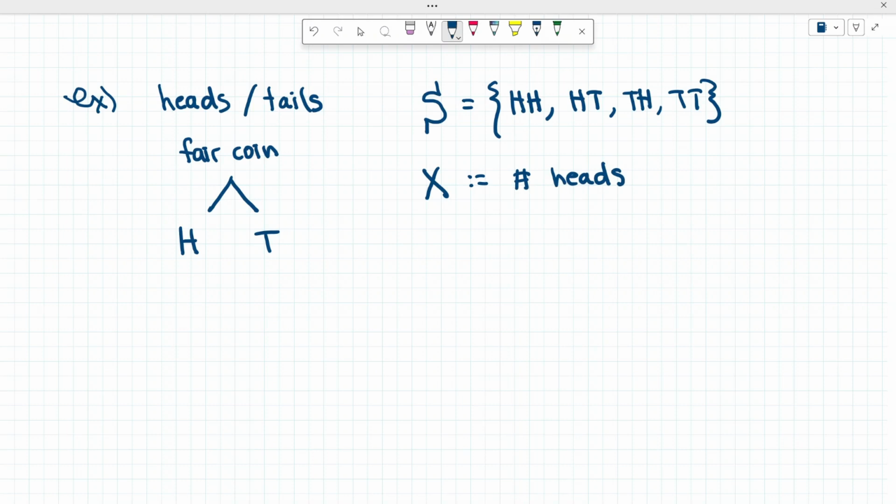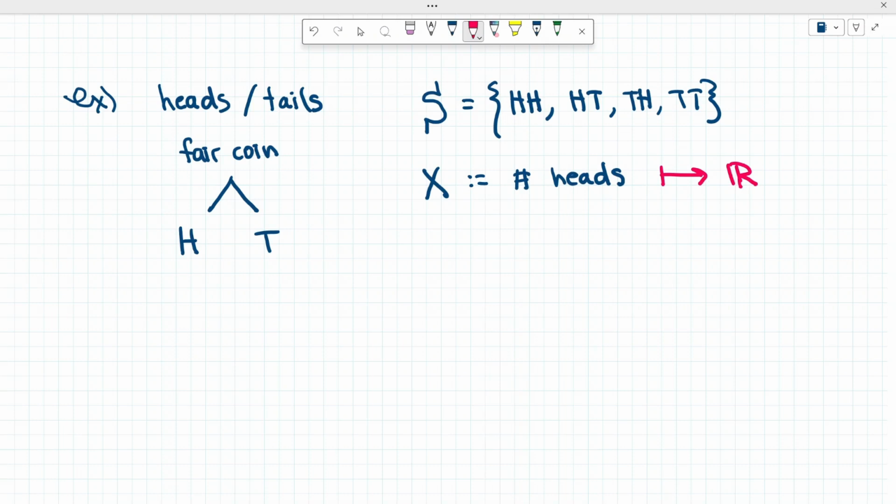This is how we're mapping this generic or conceptual idea of coin tosses into the real line, because the number of heads is a discrete value and it's a real number. By doing this, we can go ahead and calculate the expected value.